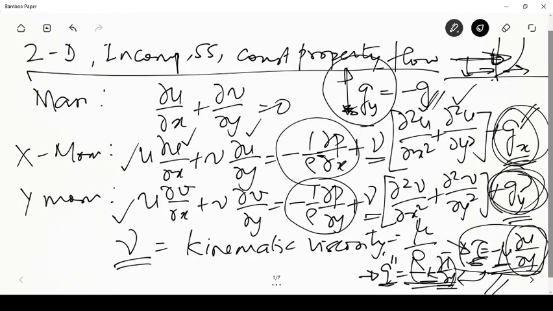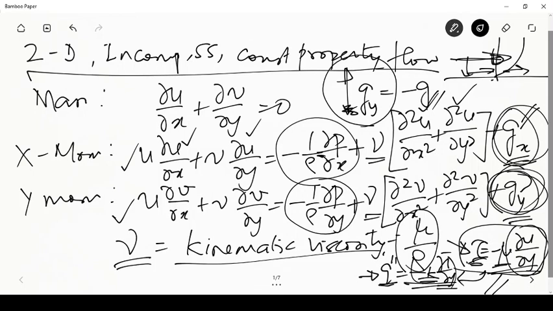So the mu, or in other sense mu by rho, kinematic viscosity, has the units of meter square per second, similar to alpha. So this has to do with the diffusivity of momentum. So mu by rho is actually, in the appropriate units, the diffusivity of momentum.